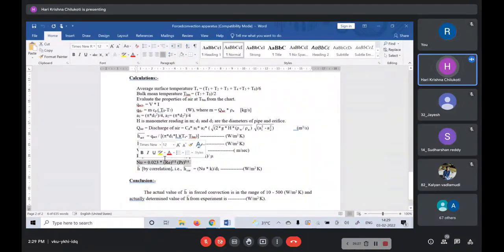Once we substitute all these quantities in this empirical relation, we can find the Nusselt number. Nusselt number is equal to h d1 by Kf, where Kf is the thermal conductivity of the fluid, in this case the air.